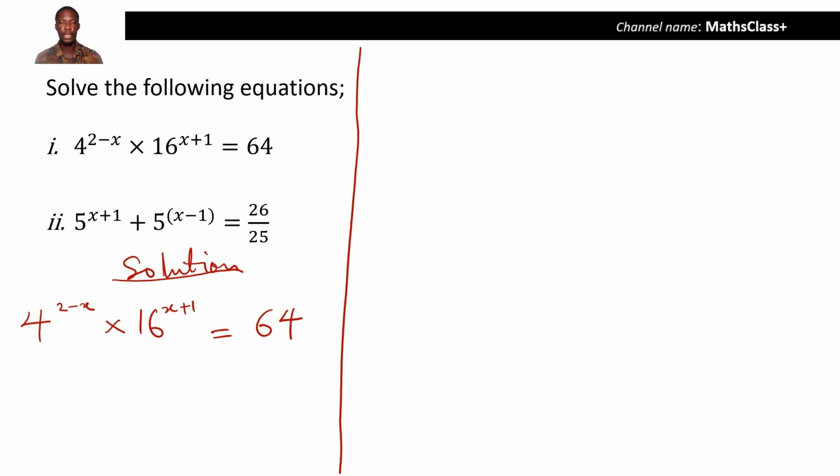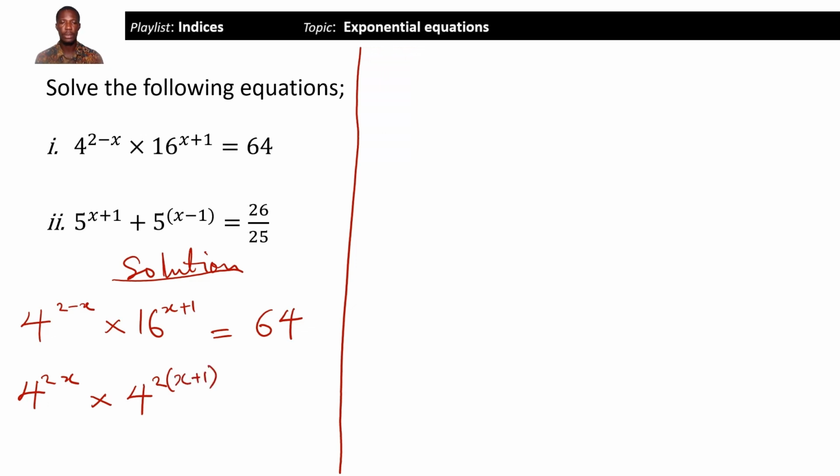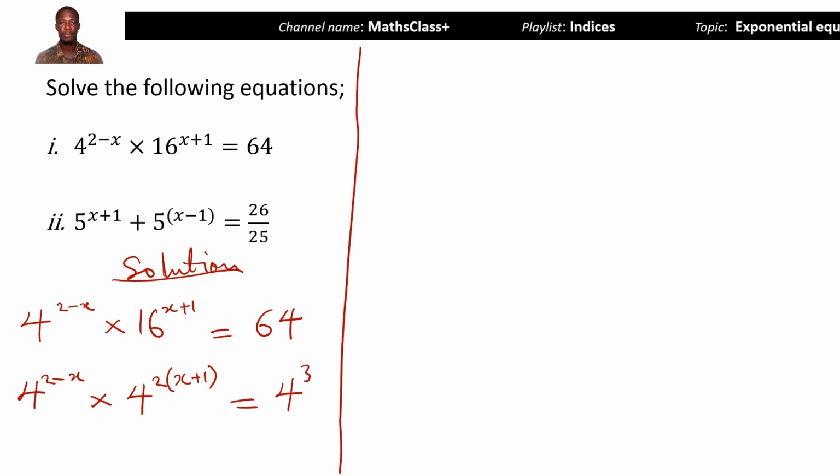Now what I will do is try and write all the bases as 4. So I have 4 to the power 2 minus x multiplying 16, which is 4 to the power 2. So I can write that 4 to the power 2, and these two will have to multiply x plus 1. So this is equal to 64, which can also be written as 4 to the power 3.